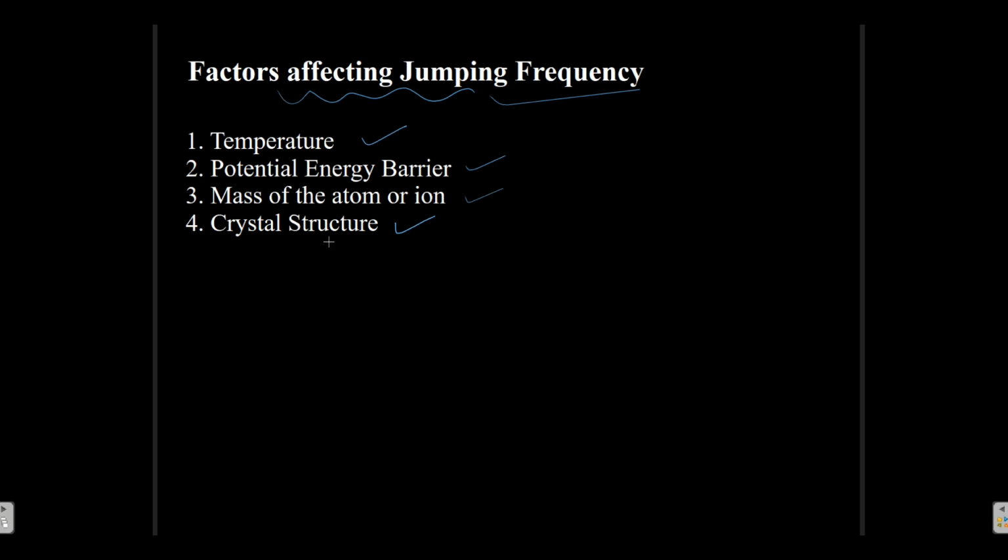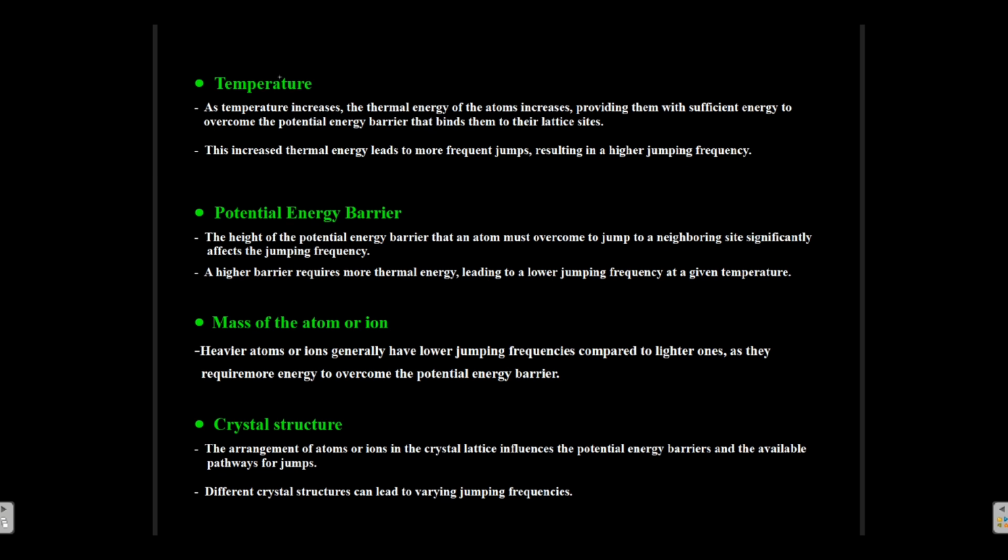Now, let's see how these factors affect the jumping frequency. So, we will see the effect of these factors one by one. First of all, we will see the effect of temperature. So how does temperature affect the jumping frequency? Let's see that. So as temperature increases, the thermal energy of the atom also increases, providing them with sufficient energy to overcome the potential energy barrier that binds them to their lattice site.